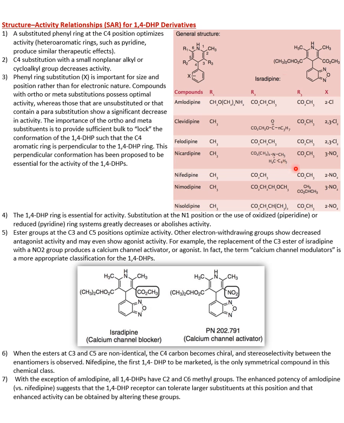So in order to make them inhibitors, we should have an ester group, and by ester I mean CO double bond O. So COO, anytime you see COO, that is an ester. If you substitute it with an NO2, for example, then the activity will be switched from a blocker to an activator. So for example, this structure here, we have isradipine as a blocker, but if you substitute the ester with a nitro group, it becomes an activator, so it actually enhances calcium going through the channel.